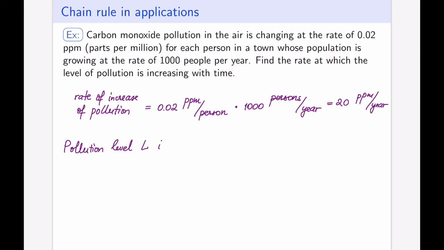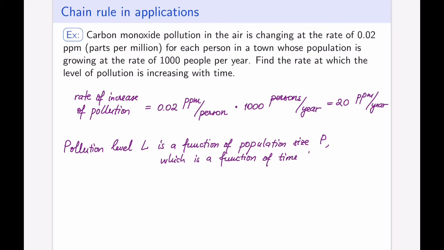Pollution level is a function of population size. So maybe let's give population size a variable as well. Let's call it P. And the population size itself is a function of time because it is changing with time. And time ordinarily gets called t.